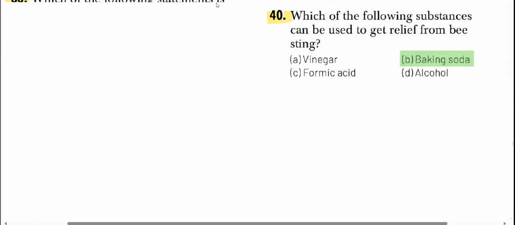Vinegar is not, because vinegar is acidic. Formic acid itself is the cause of this pain. When they bite, they actually inject formic acid inside our body. So in order to neutralize, we use baking soda here. That's a mild base. It's basic in nature. It's a basic salt, in fact.